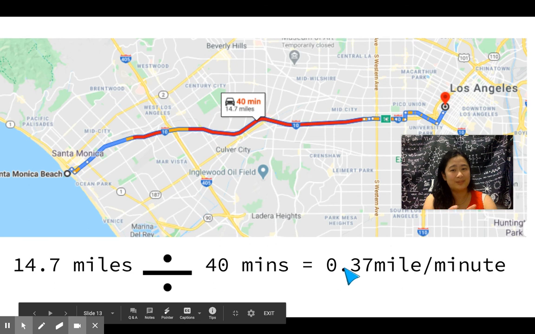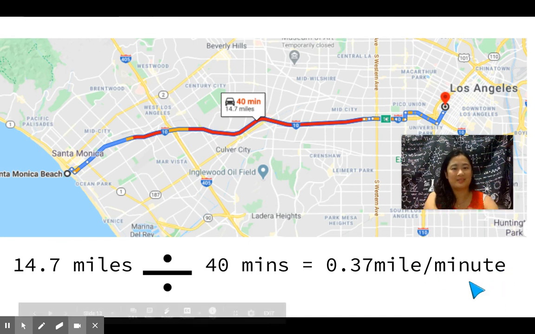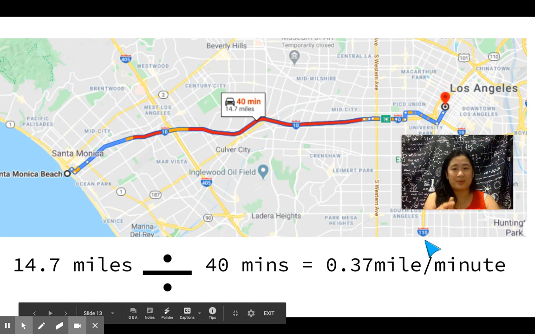And to do that, we like to round our numbers to decimal places, basically the tenths and hundredths, to the hundredth spot. So 0.37 miles per minute is a reasonable number to write down, not the whole entire long number. When you round your numbers, round it two decimal places over.